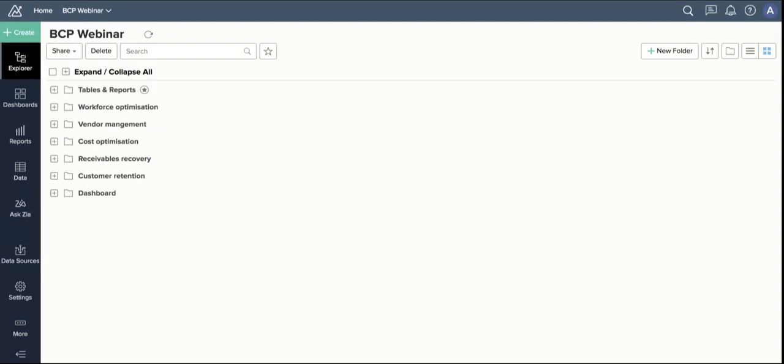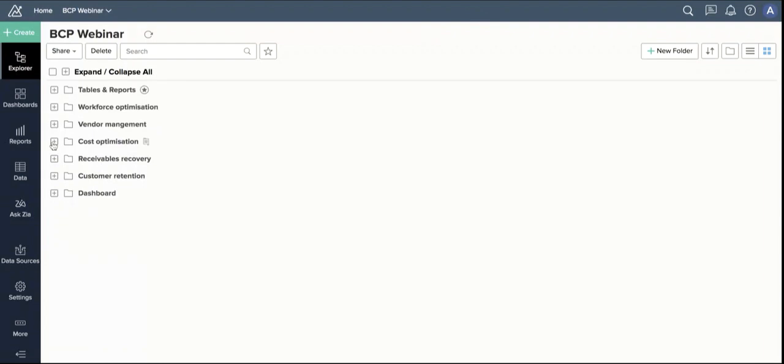You can very well use them as guidelines for your business. However, I suggest you correlate these use cases with the metrics relevant for your nature of business. So you may not find the exact metrics here, but you should be able to correlate to your business. So let's get started with cost optimization.